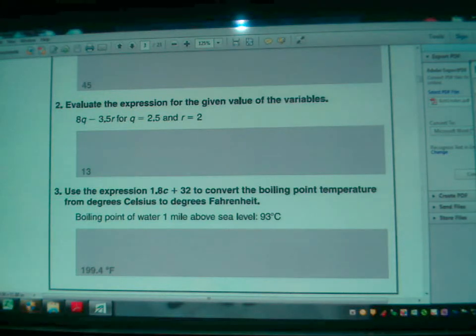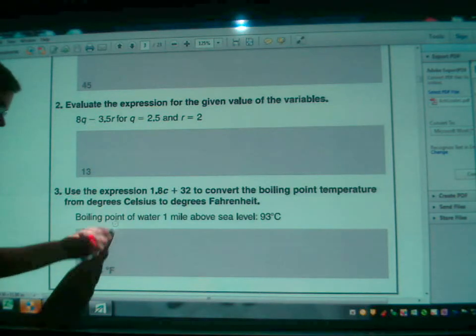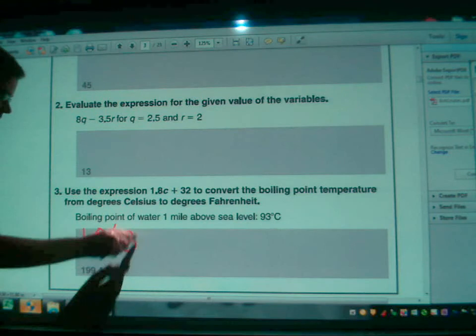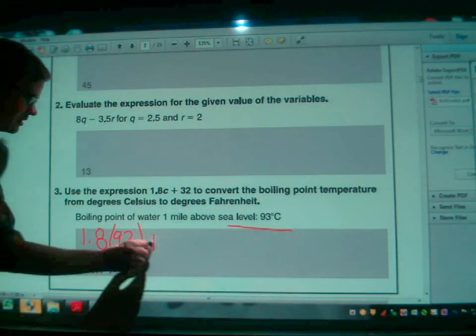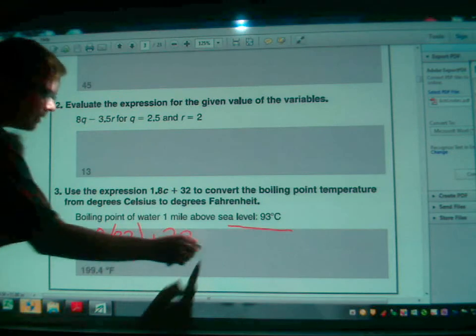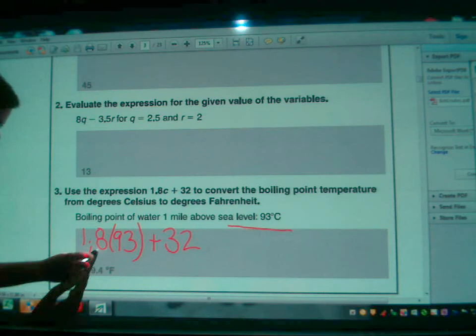So I've got 1.8 times 93. Again, it's 93 simply because that's the number they asked us to use, plus 32. Well, order of operations dictates I'm going to do that 1.8 times 93 first. 1.8 times 93 is going to change into 167.4.